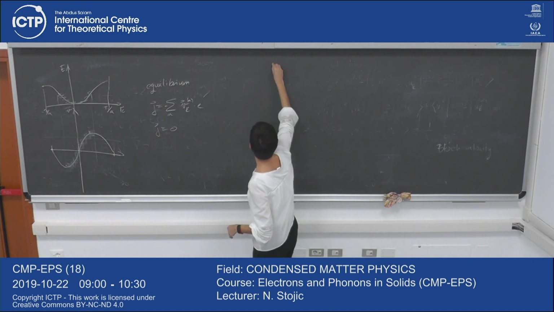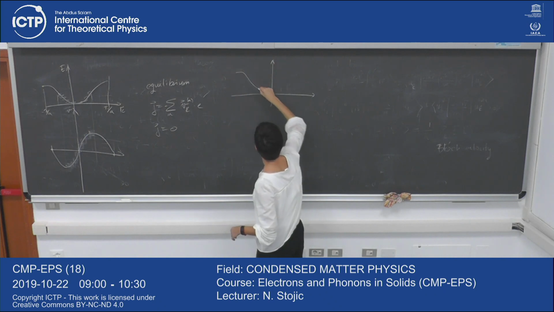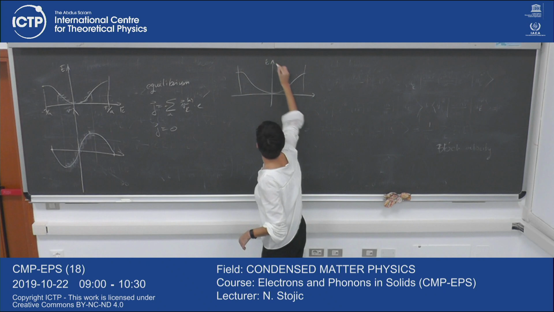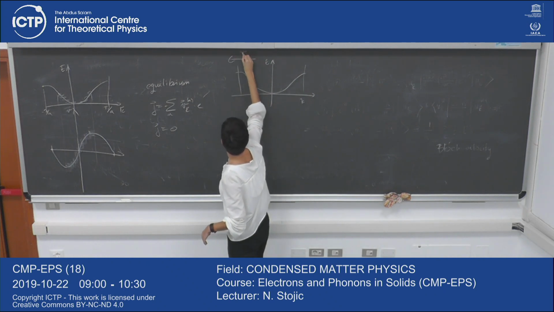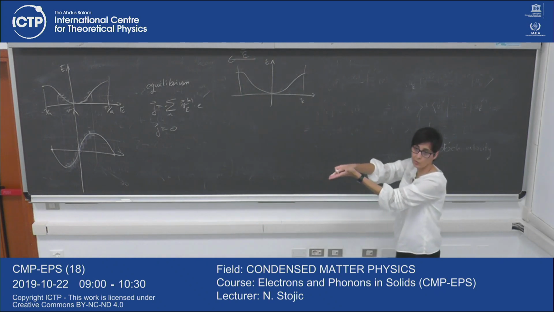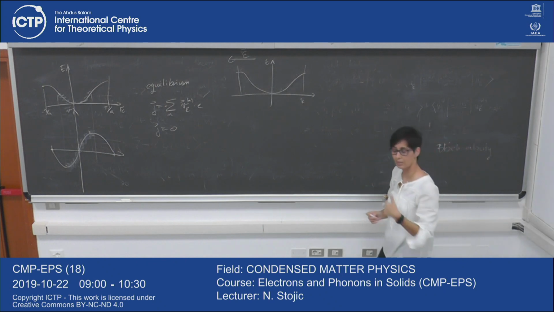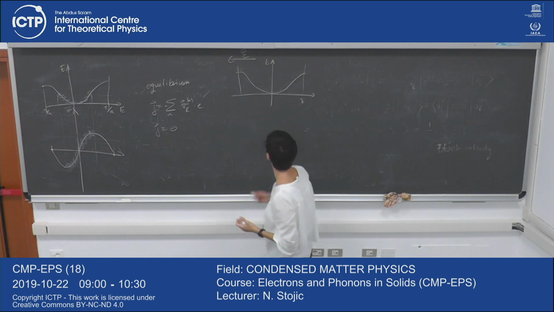I consider something like that. Again, a band. This is energy versus K, and I apply an electric field. If the field is there, the force acts on the electrons in this direction. It's minus e, the electron charge, times the field. And what happens?